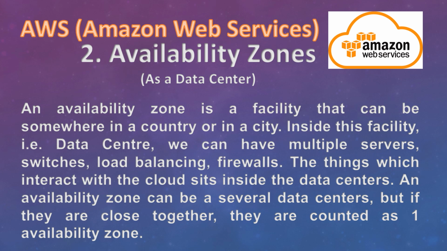The things which interact with the cloud sit inside the data centers. An availability zone can be several data centers, but if they are close together, they are counted as one availability zone.